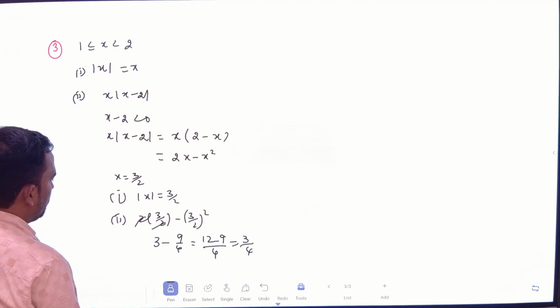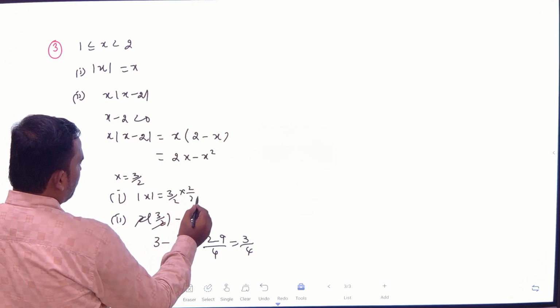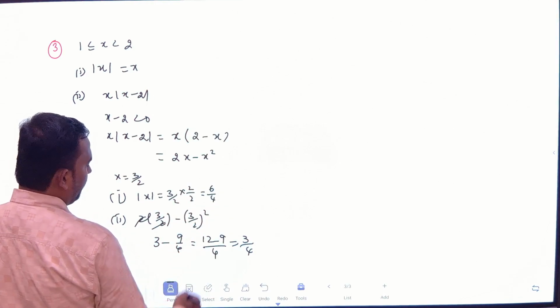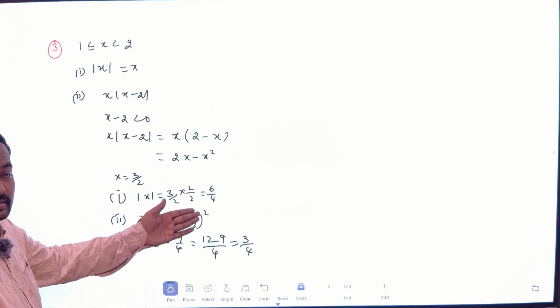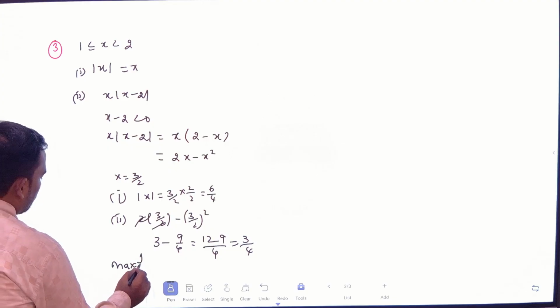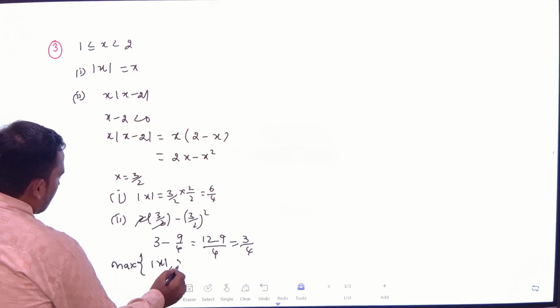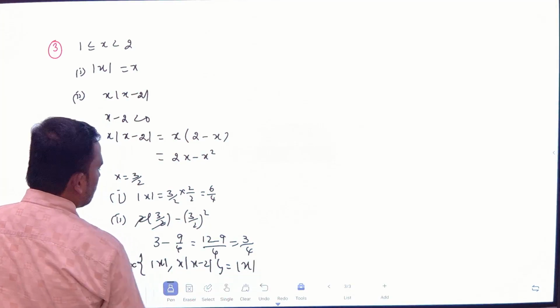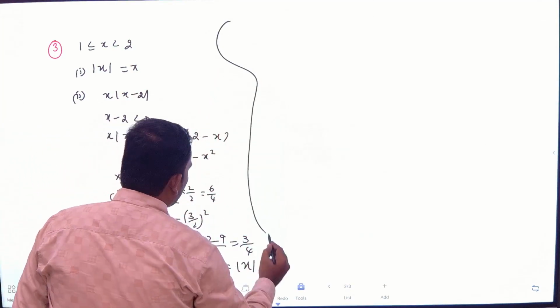You can multiply 2, divide by 2, what is that? 6 by 4, here is 3 by 4. Which is larger here? Definitely mod x is larger. Therefore, the maximum of mod x and x into mod x minus 2 is mod x. Same way, you have to check.